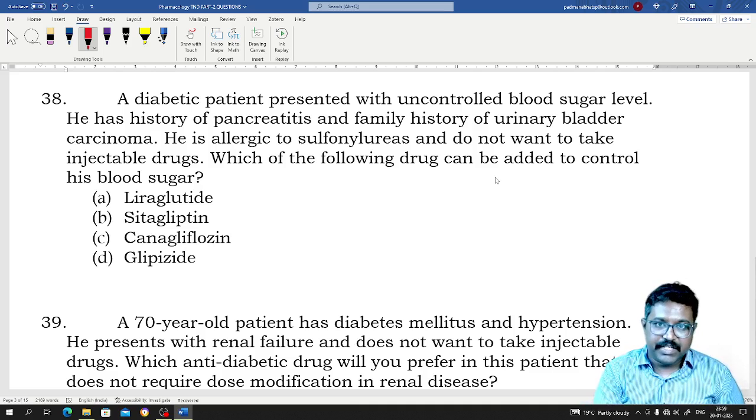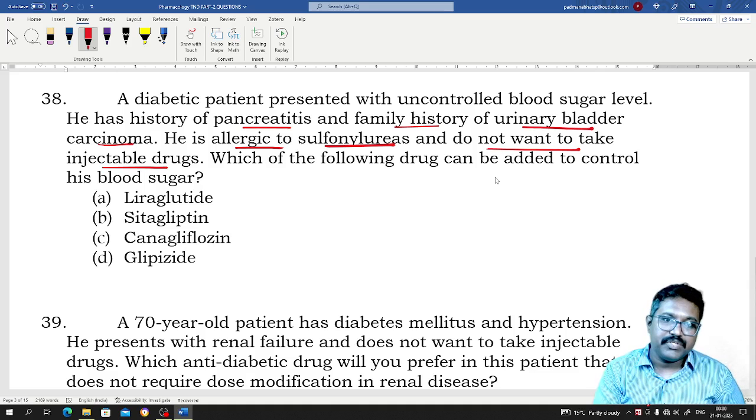The diabetic patient presented with uncontrolled blood sugar levels. He has a history of pancreatitis, a family history of urinary bladder carcinoma, is allergic to sulfonylureas, and does not want to take any injectables. Which of the following drugs can be added to control blood sugar? Since he has an allergy, you have ruled out glipizide, which is a sulfonylurea.